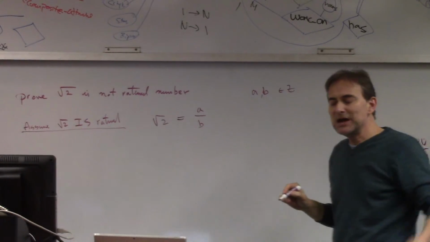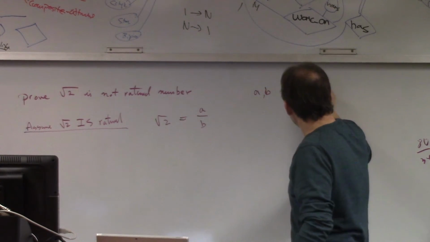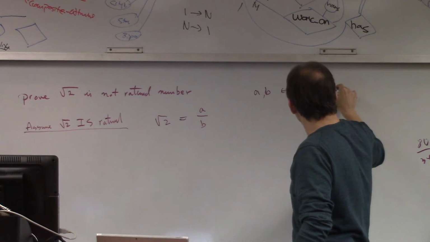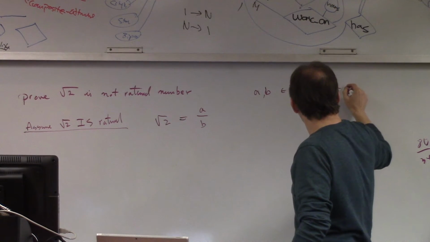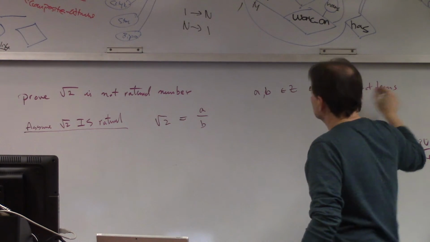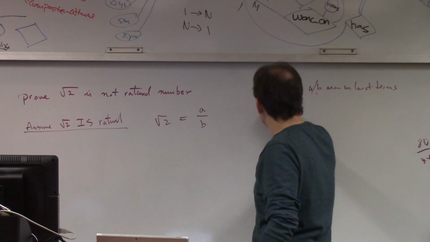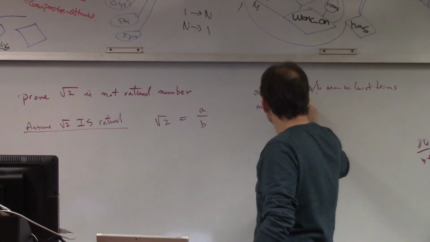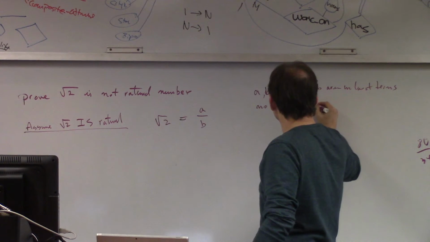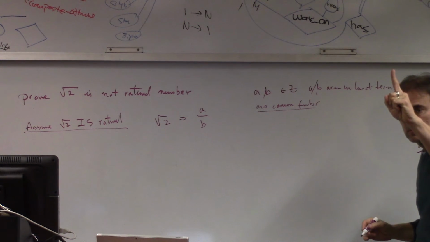And because rational numbers can be expressed in lowest terms, I'll say A over B is in lowest terms. What does that mean? It cannot be simplified. That means they have no common factor other than 1.